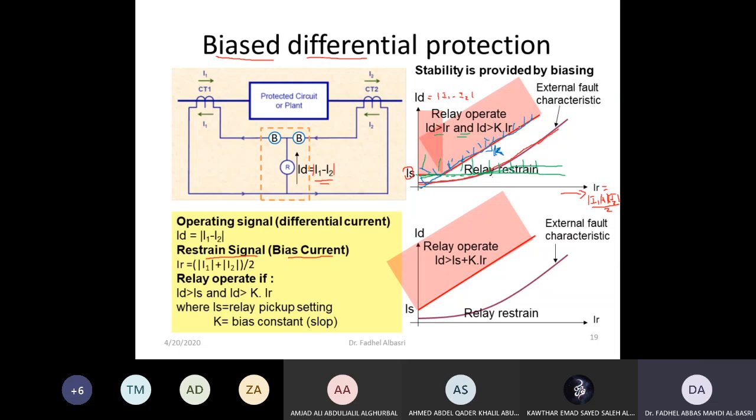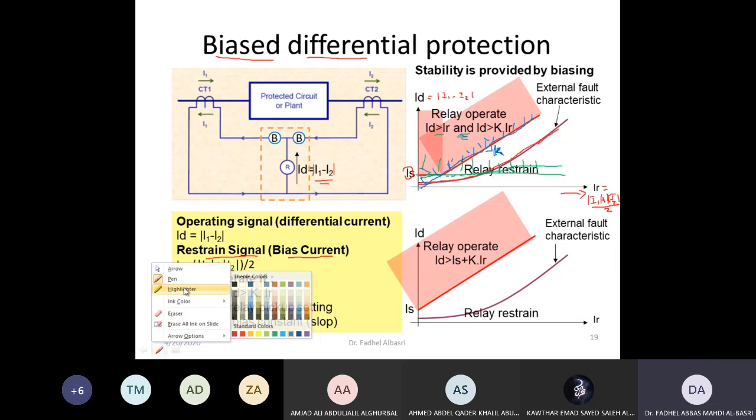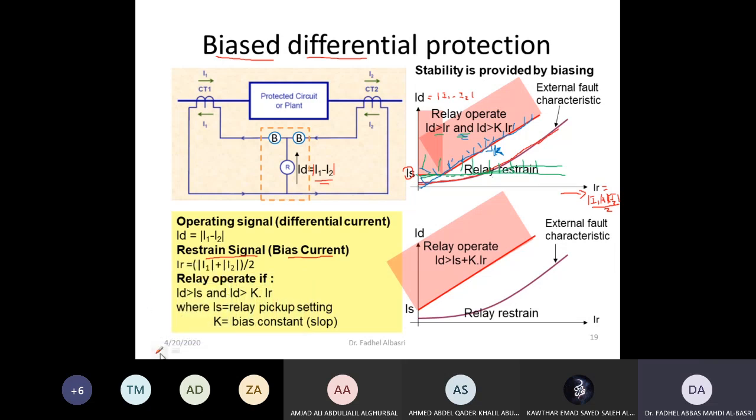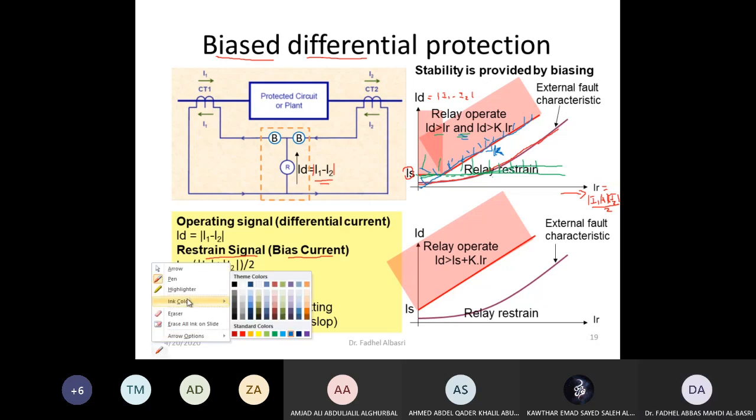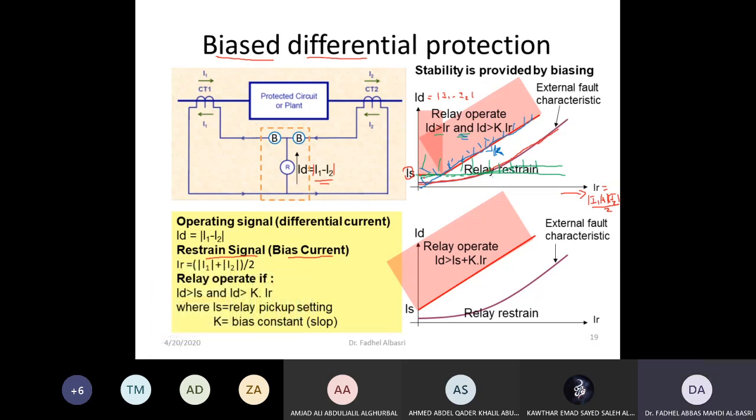Now if we put an AND between the two conditions, I get the red area, which is the overlap between the two conditions. The overlap is this, so this is the trip region.